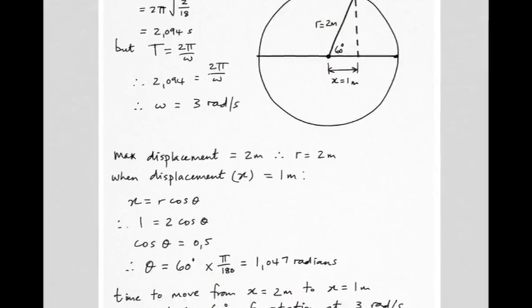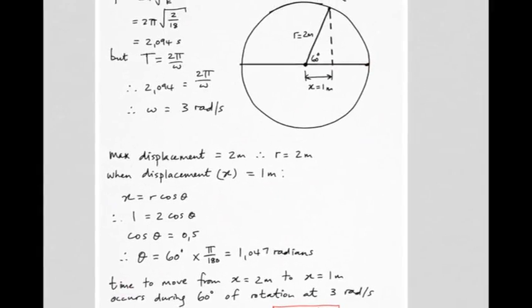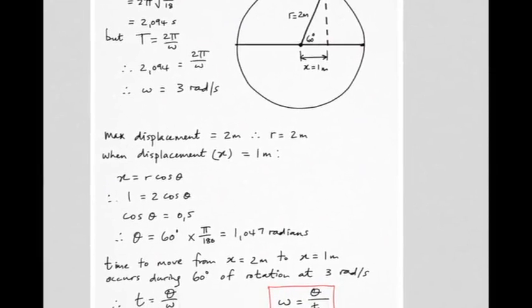Now to answer the question, the time to move from x equals 2 meters to x equals 1 meter. So how long does it take for our projected point to go from here to here? Well, during that time, our imaginary arm traveled 60 degrees at a rate of 3 radians per second. So how long would it take?